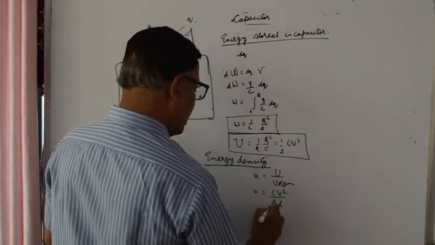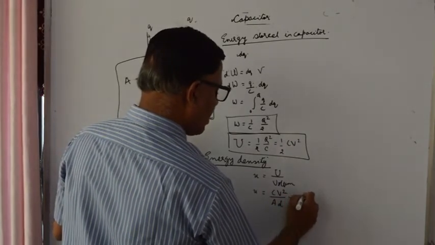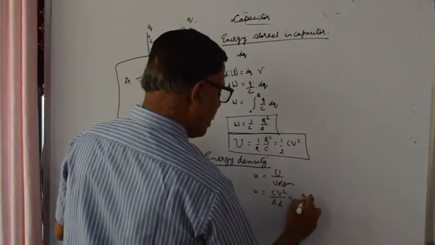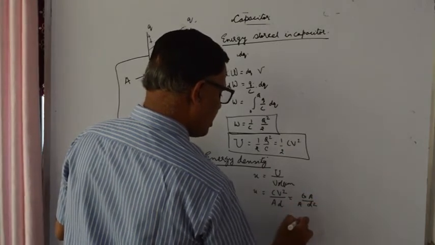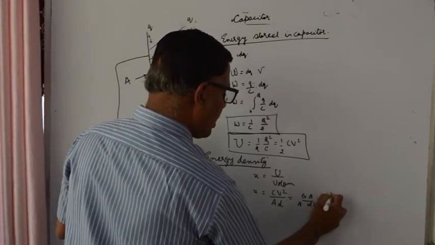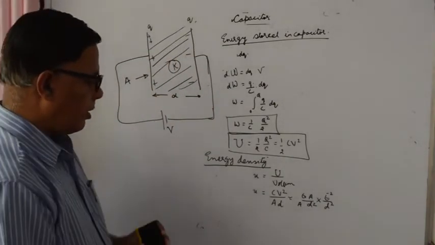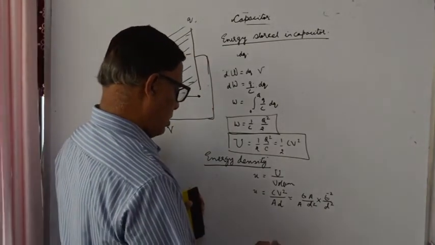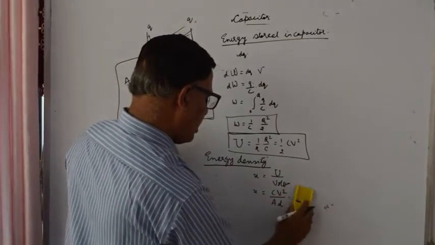Now C can be eliminated, and this can be written as C equal to epsilon 0 A upon d into A d, and V square can be written as E square d square. Okay, so anything wrong here, please take care of this. Let's again derive it.